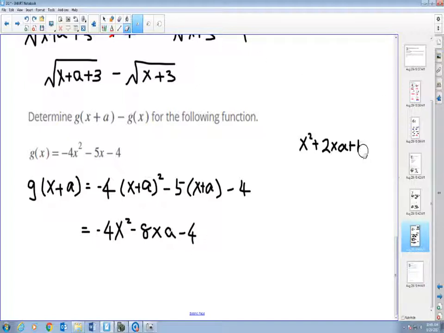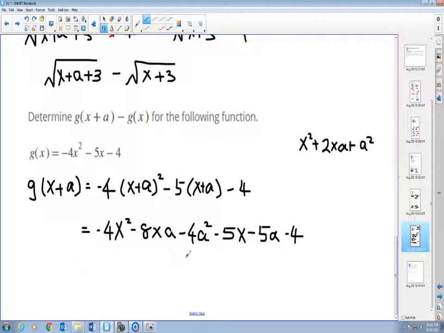It's an a, because my b is a letter a. Minus 4a squared. All right, second term, negative 5, do a distribution, negative 5x minus 5a and minus 4.